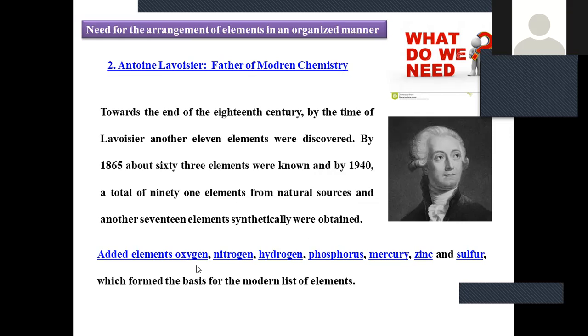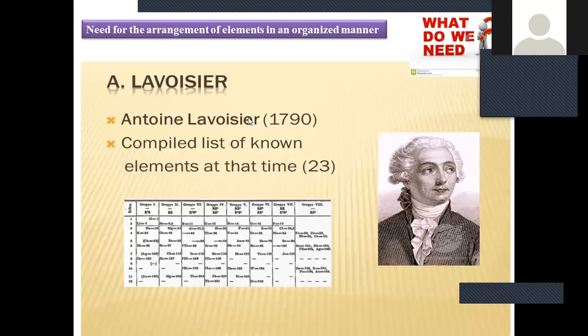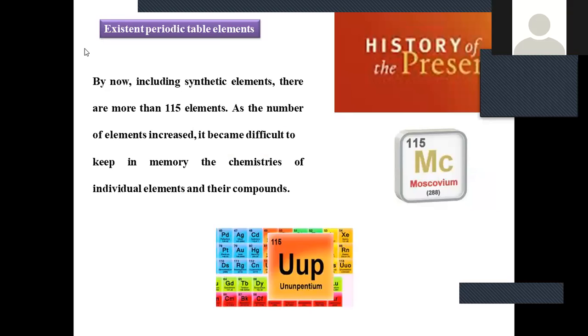At the time of Lavoisier, oxygen, nitrogen, hydrogen, phosphorus, mercury, zinc and sulfur were added. These are the most important elements added at the time of Lavoisier, which is why he is regarded as the father of modern chemistry. In 1790, Lavoisier compiled a list of known elements, and 23 were well known to us. This is about the classification made by Lavoisier.